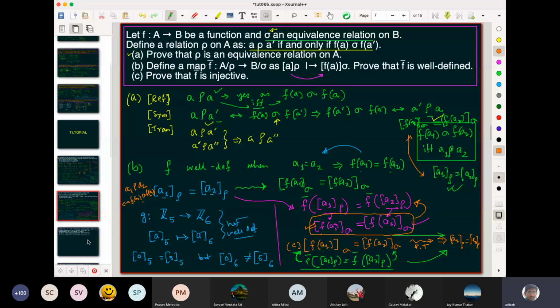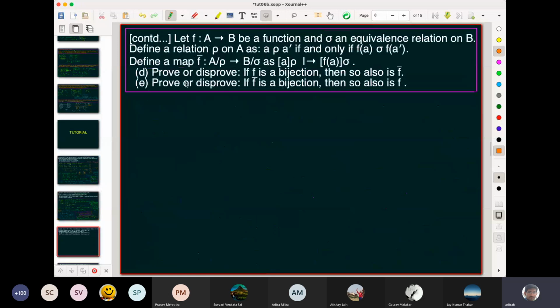Okay. These two are a little bit tricky. Try to think. We have proven that F bar is injective already. So if F is a bijection, then so also F bar. The only thing that needs to be proven is that F bar is surjective, because I do not care about the bijection part; to prove F bar is injective, I automatically proved it. So you only need to prove that F bar is surjective. To prove this one, first of all, just think whether the first statement can be proven or disproven.